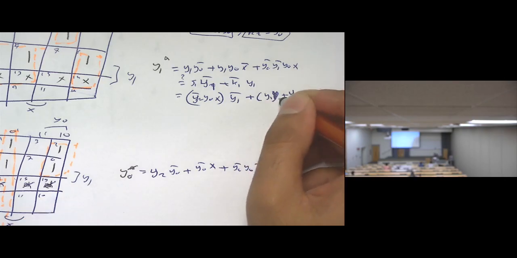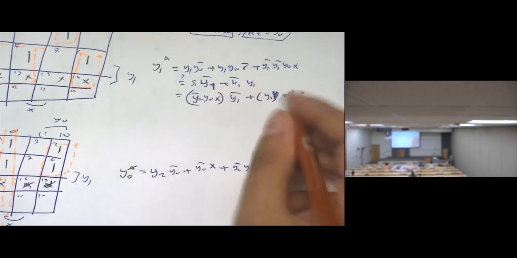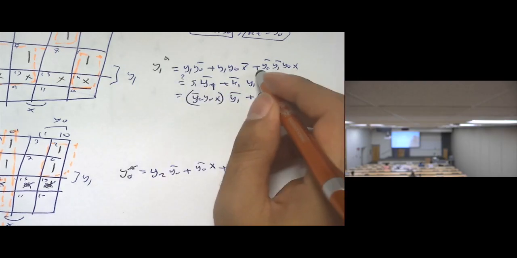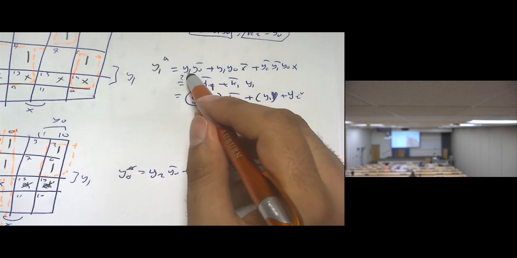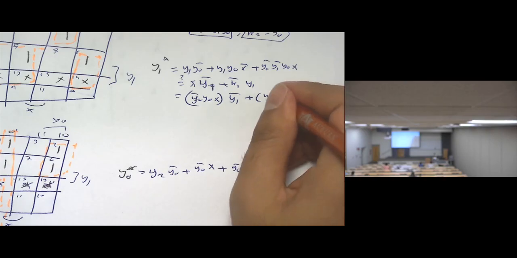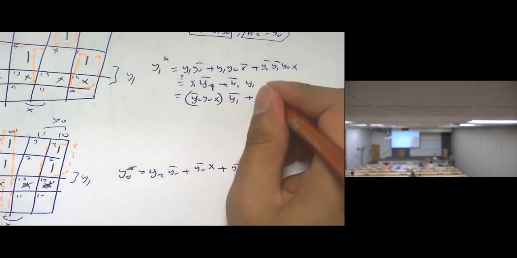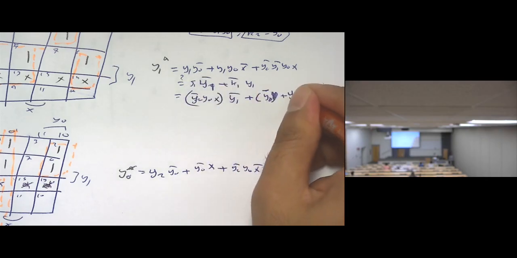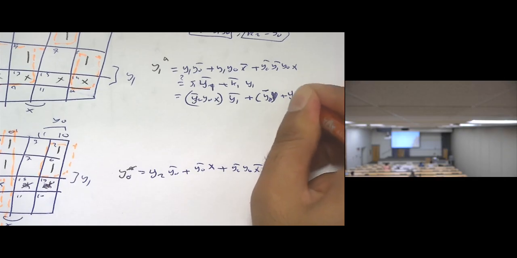Okay, I think I got confused about something here. So where is the y1 bar? We already did this here for y1 times y0 bar plus y0 times x bar. Okay, so the first one is y0 bar plus y1 times x bar, y0 times x bar, right?